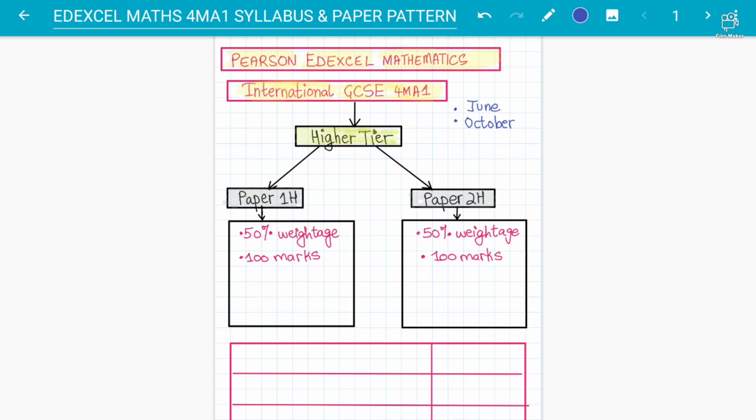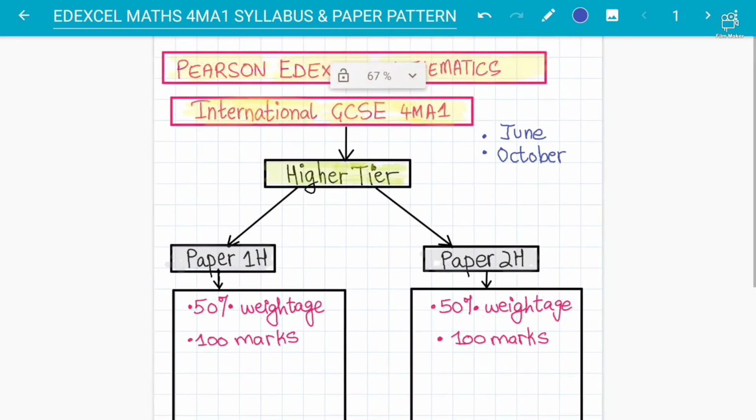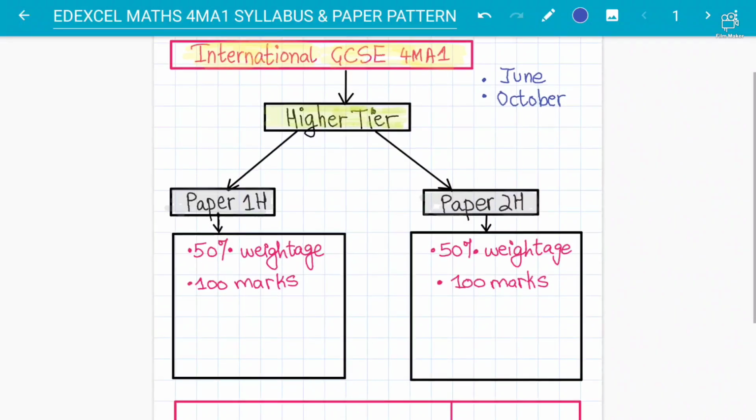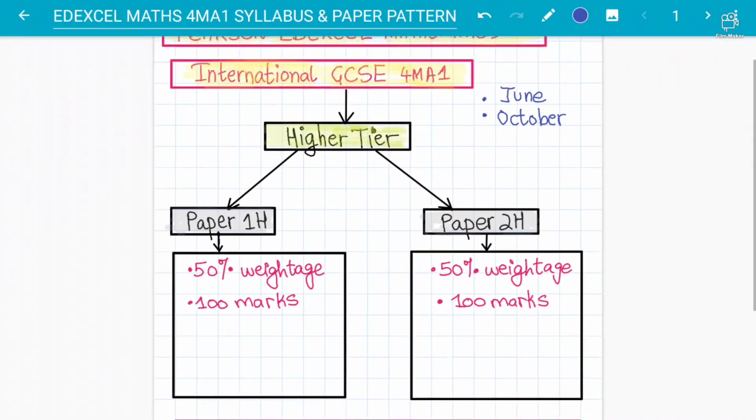Questions can be of 1 mark, 2 marks, and can go up to 6 to 7 marks as well. Questions can range from 1 mark to 7-8 marks, and you can expect almost 22 to 25 questions in each paper. So that is what paper 1H and paper 2H are about.